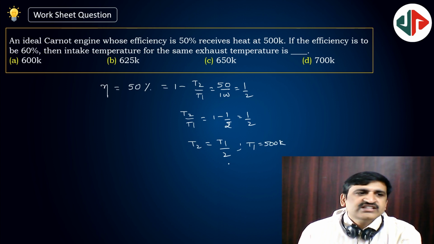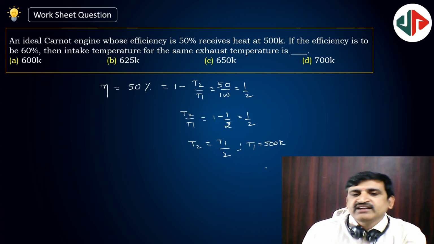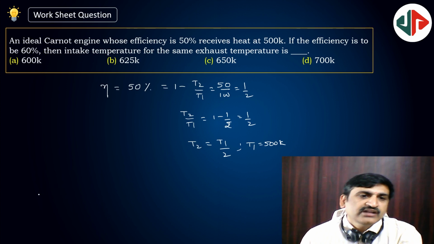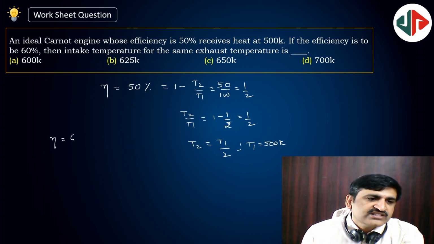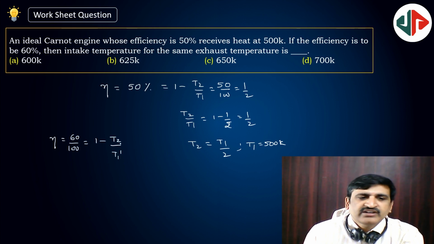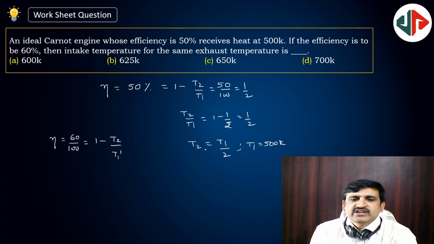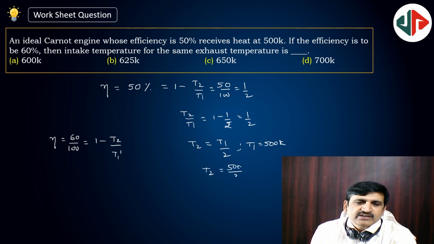If the efficiency is to be 60%, what must the intake temperature be for the same exhaust temperature? The exhaust is the same, T2, with 60% efficiency. T2 is equal to 500 by 2, which is 250. That 250 I will use here.